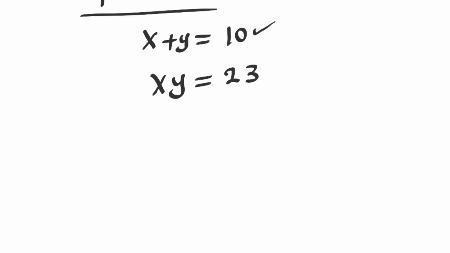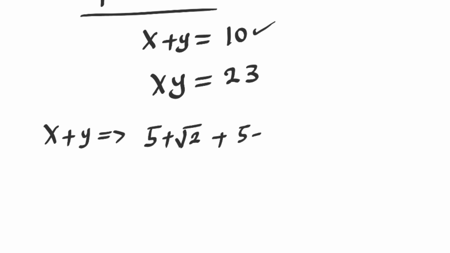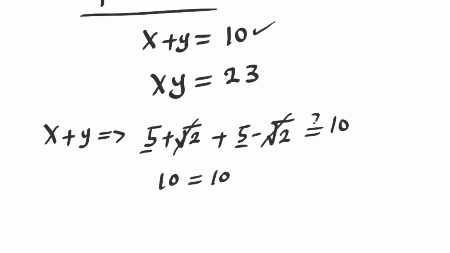Let us consider this. x plus y, this can be written as 5 plus root 2 plus 5 minus root 2 must be equal to 10. This cancels this. We have 5 plus 5. This is 10 is equal to 10, which is true.